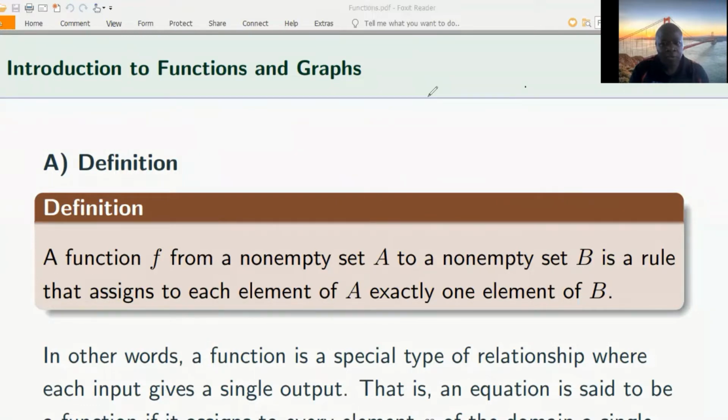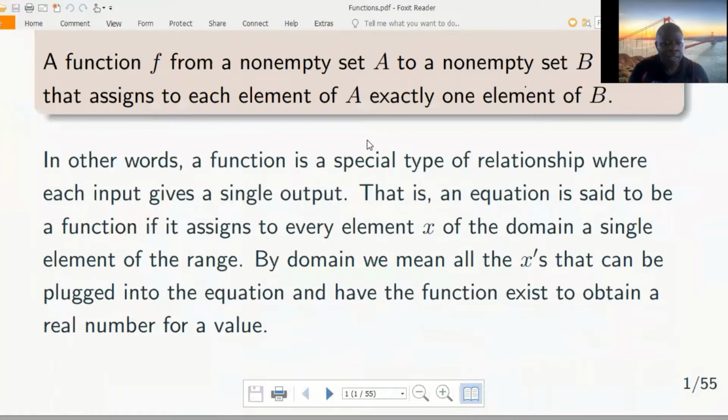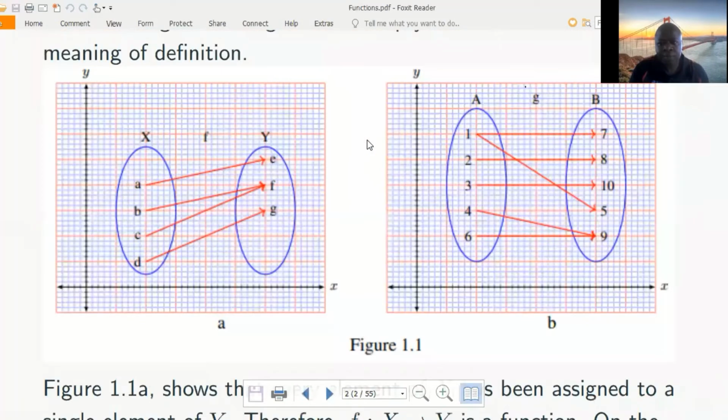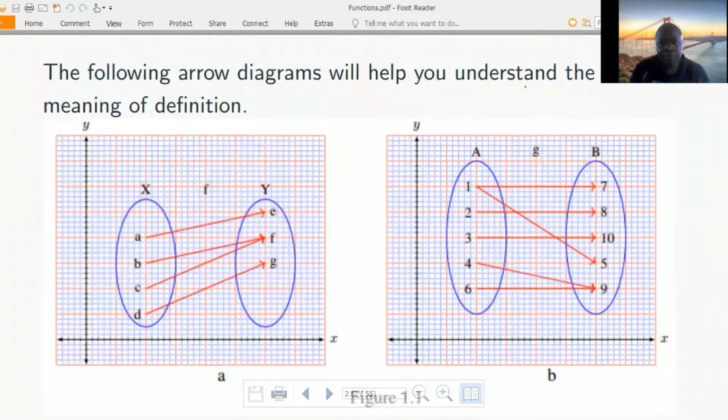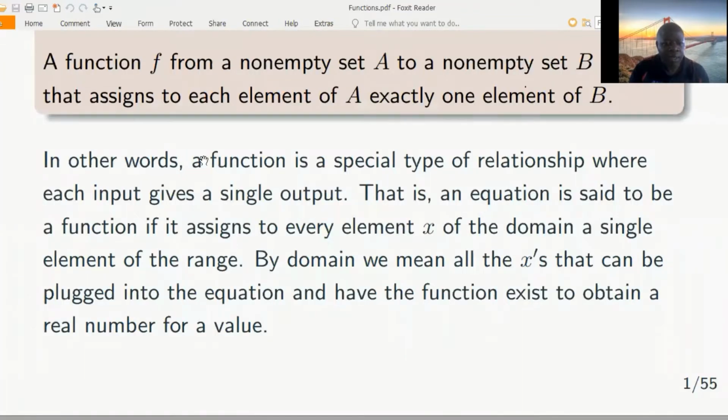It's very important for us to know what the definition means, and that's what I've written here. In other words, a function is a special type of relationship where each input, which I've referred to as object there, gives a single output, the image.